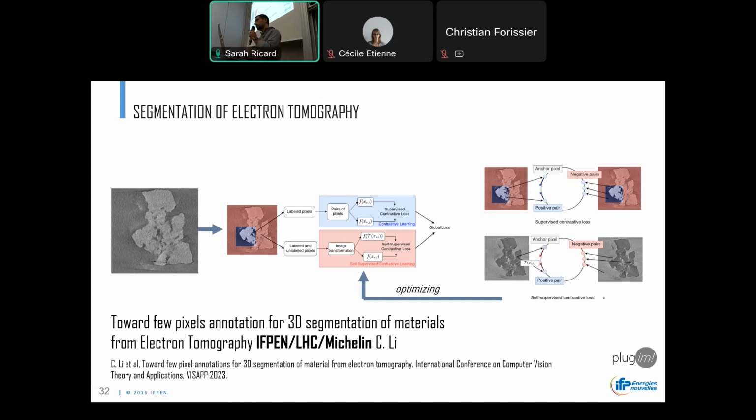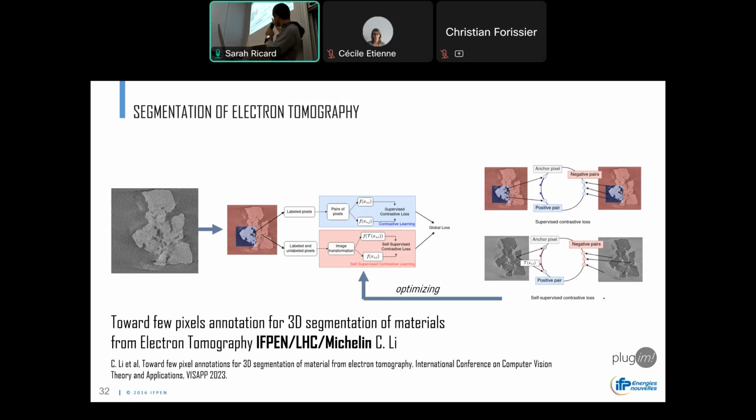So it's very difficult to segment. And so we use CNN to make the segmentation. And here we also use a specific approach called a contrastive approach to make the learning steps possible with only very few annotated data.